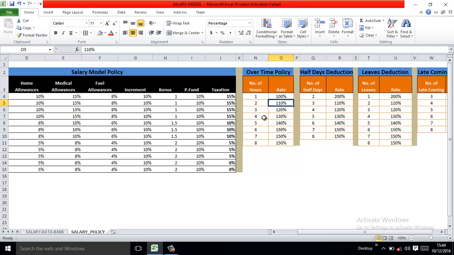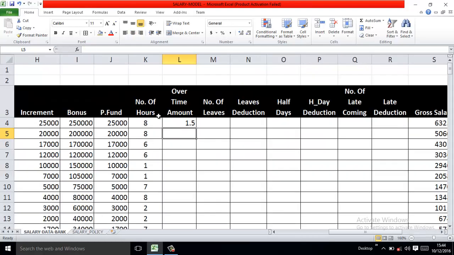And for 4 and more hours of extra work, they are getting 30, 40, 50% additional respectively of the basic rate of their per hour salary. So this is the rate which is given to us according to the policy.